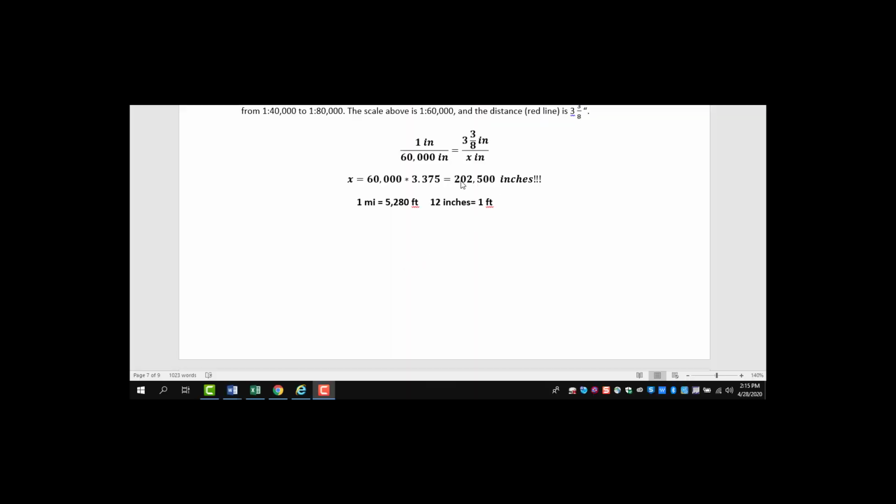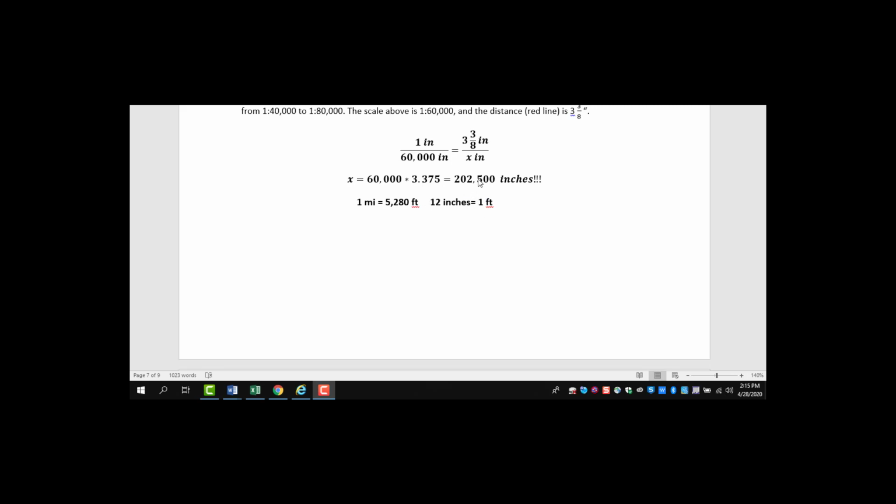Okay, so we have our 202,500 inches, and we're going to turn inches into miles. I can't do it directly. I don't know how many inches there are in a mile. So I'll use dimensional analysis on there because you need to know that.